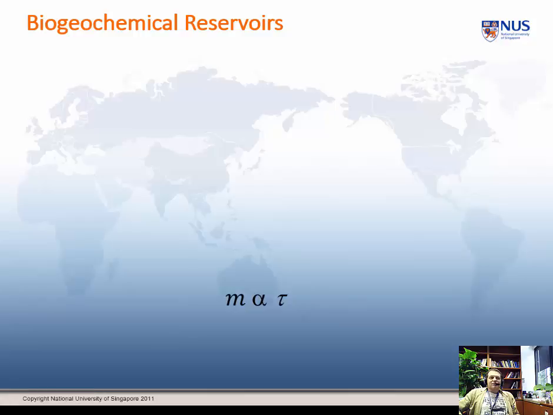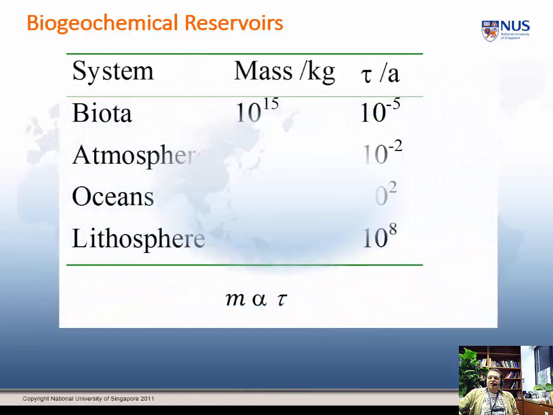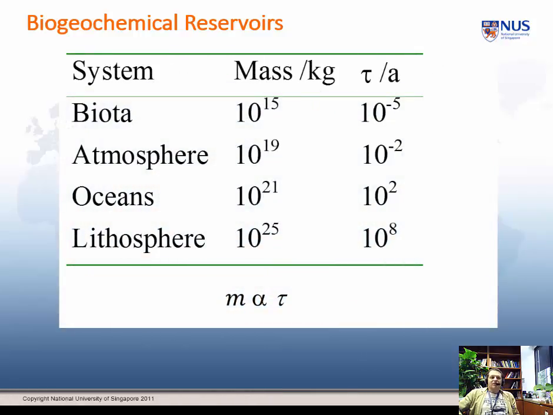Okay, something which is important, although not vital to this lecture. This is a little table of the 4 planetary systems: biota, atmosphere, oceans, lithosphere, and this is their approximate mass. Tor is the residence time in those reservoirs.